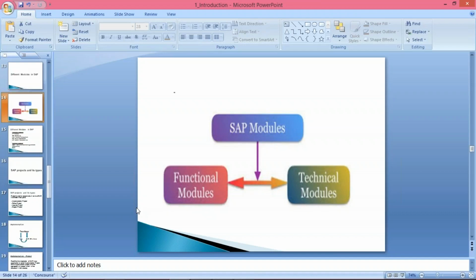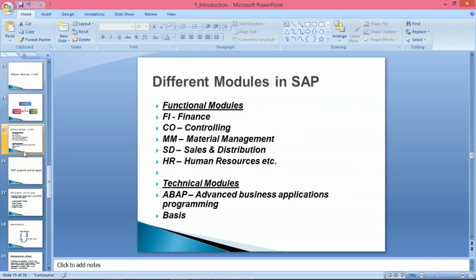And once we start the configuration part, in the sense once we start the practical session, then you will come to know what your activity is and what kind of activities are performed by a technical consultant. So now I'm talking about functional modules. Which modules come under functional module, and which come under technical module? I'll just give a brief explanation here.